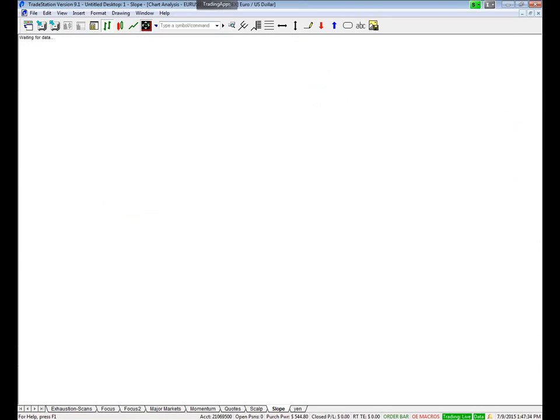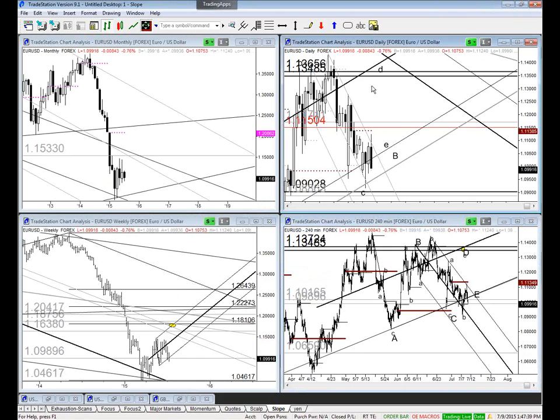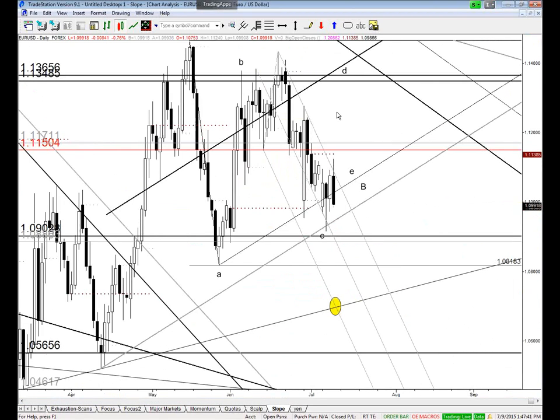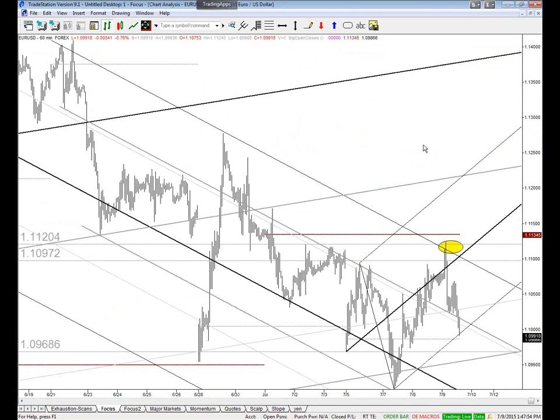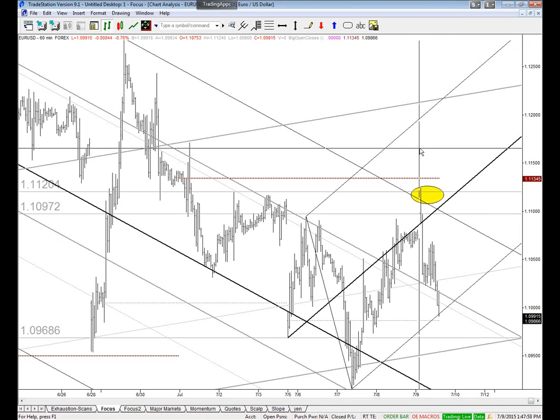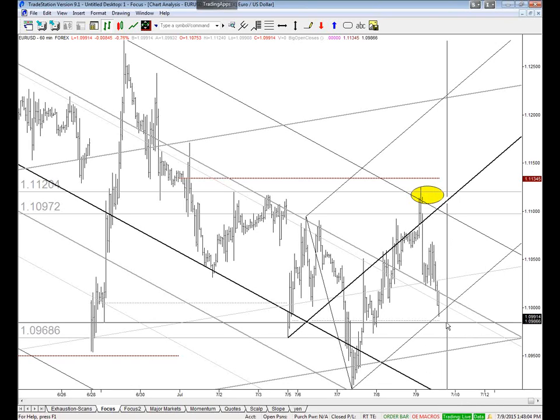Euro dollar. I don't have a whole lot to go over here at this point. We're still following this triangle idea. I don't know if it's the right one or not. Euro dollar is awfully weak today. Big nasty outside day. We had pointed out pretty solid resistance last night at 111.20. We're now coming into support from the week open in this lower parallel as I speak, right at it.